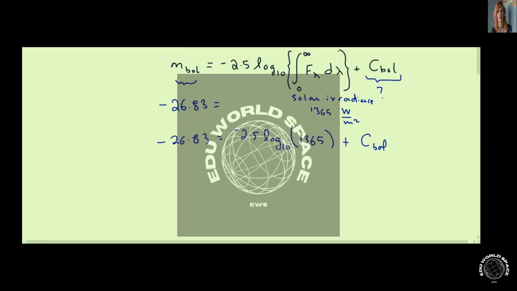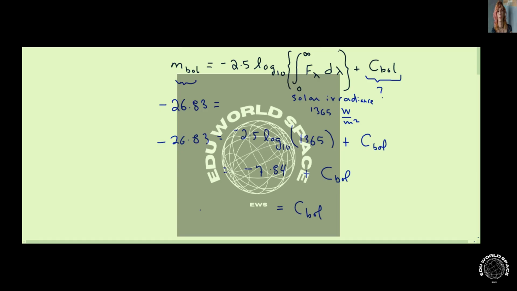And this will give us an arbitrary number for this constant, but it is kind of like a 0 point or a shift. And so we can simply solve for that constant.